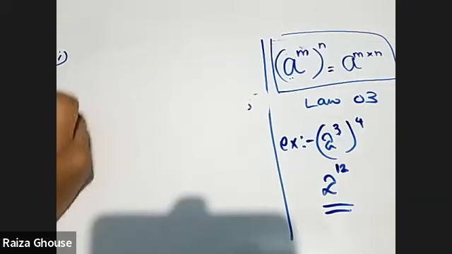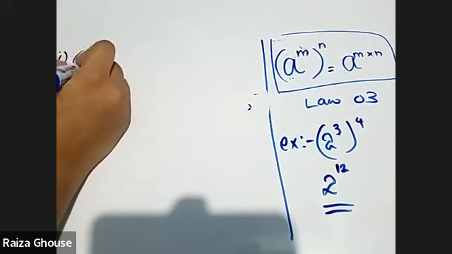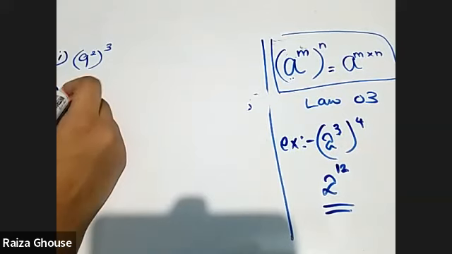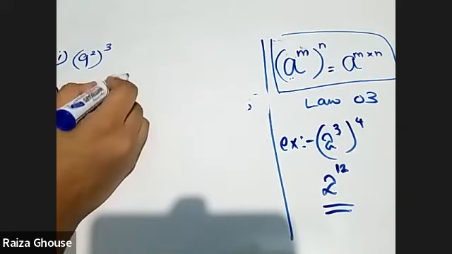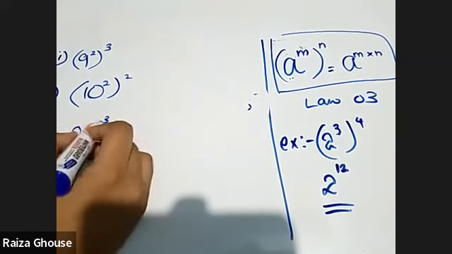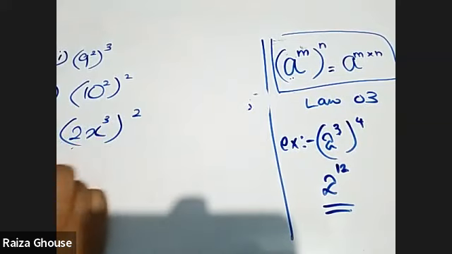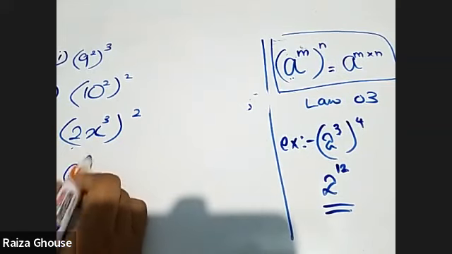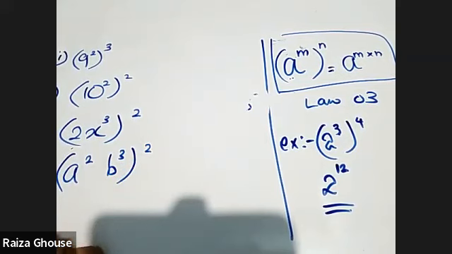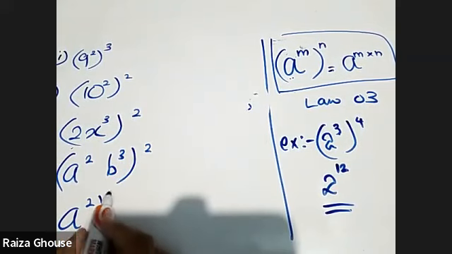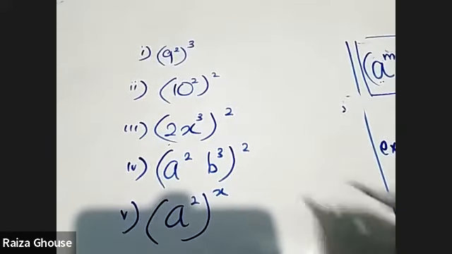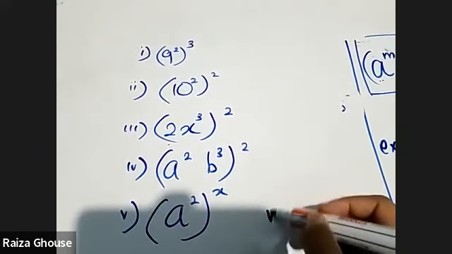Roman number 1. 9 to the power 2 to the power 3. You have to be very careful. And the last one here.